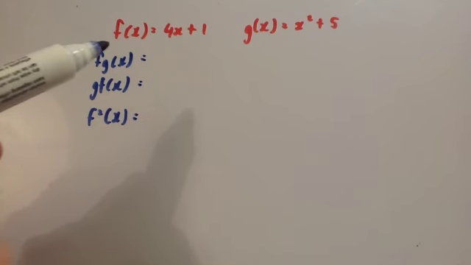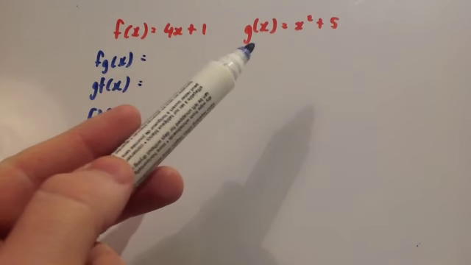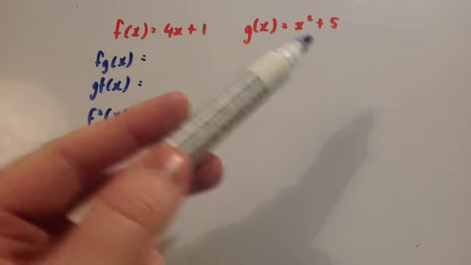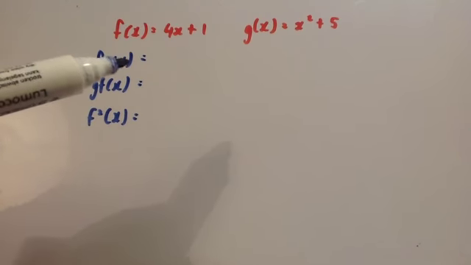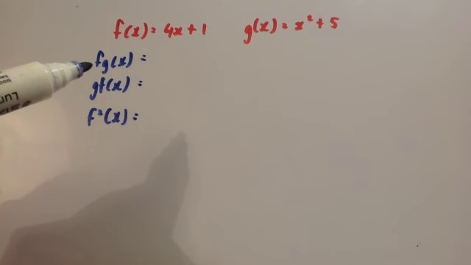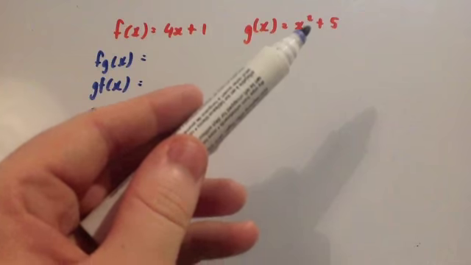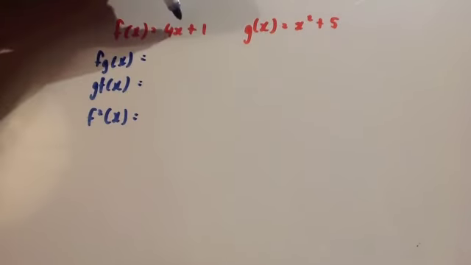Okay, so we've got f of x and g of x. f of x equals 4x plus 1, and g of x equals x squared plus 5. We've been asked to find three different composite functions: fg of x, gf of x, and f squared of x. So let's do fg of x first of all. So we're going to put g of x into f of x. So what you're going to do is put this in instead of the x.